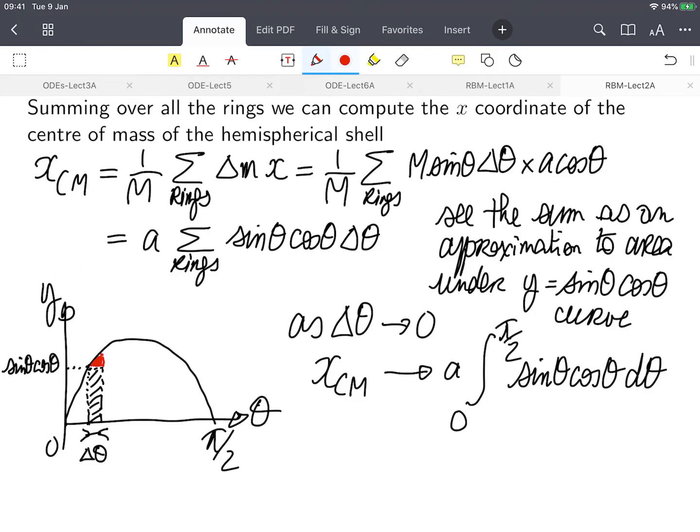So I'll be close enough, but not exactly computing the area. That's why I say approximation. But if I take delta theta to go to 0, then the area of this small triangle is also going to tend to 0, and so my sum is going to tend to exactly the area underneath the curve, which is the integral.